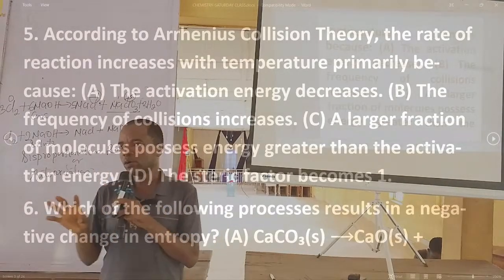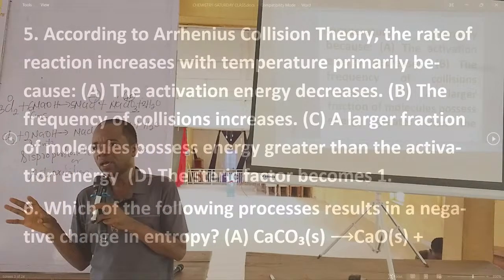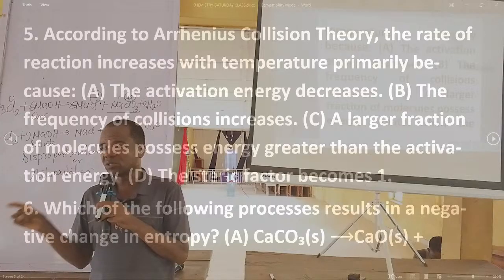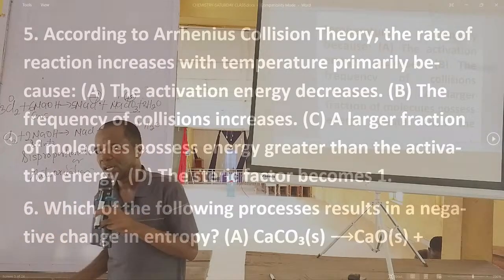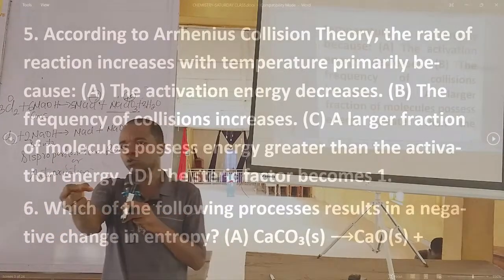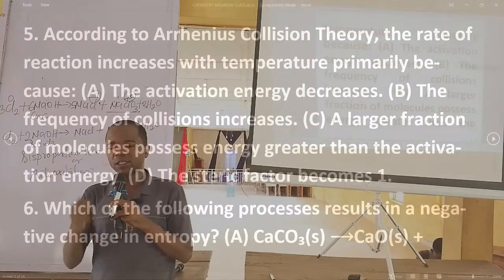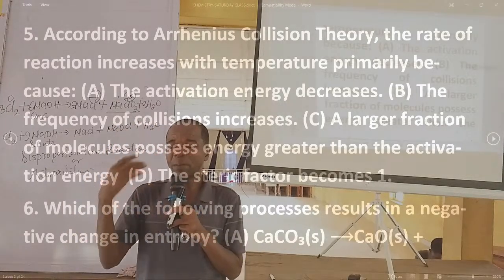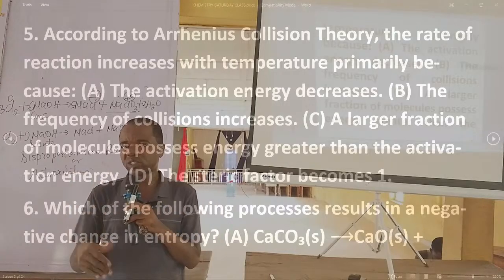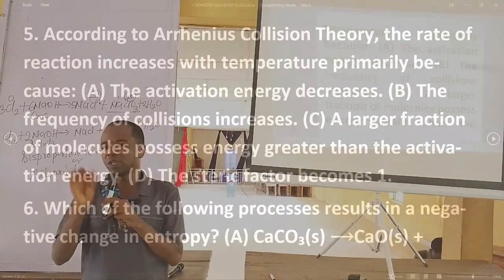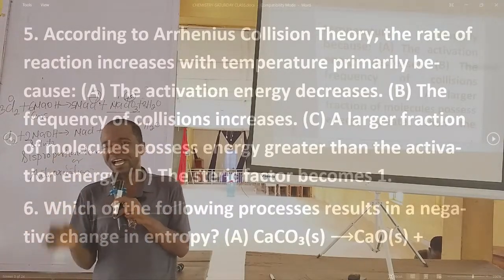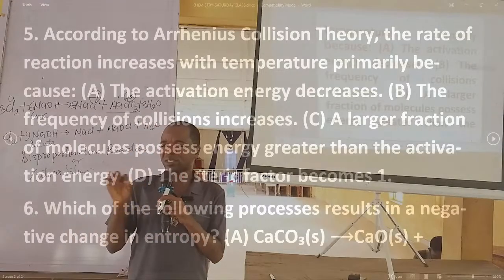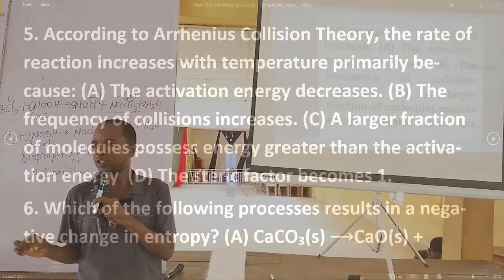What majorly makes that particular chemical reaction increase due to an increase in temperature is the fact that the molecules are able to absorb energy in the form of heat, and that energy will make a substantial number of them have energy that is either equal to or greater than the activation energy.